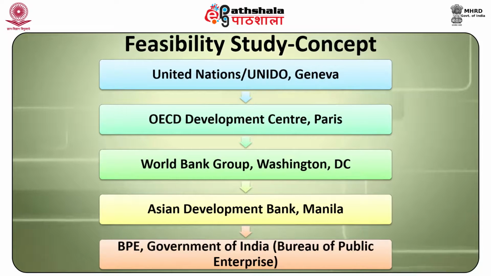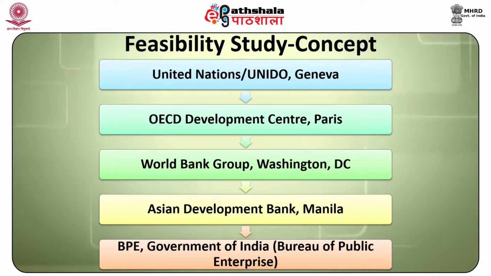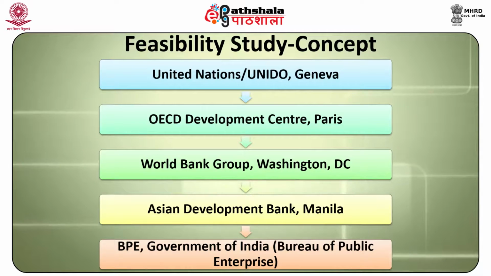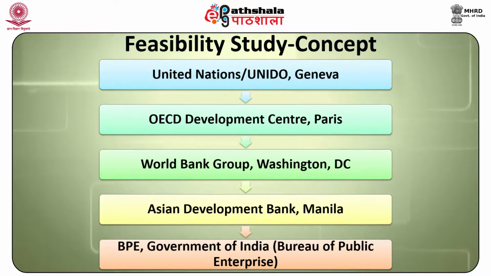The comprehensive guidelines for project feasibility studies and evaluation are published by several institutions like United Nations, UNIDO, Geneva, OECD Development Center, Paris, World Bank Group, Washington, DC, Asian Development Bank, Manila, BPE, Government of India, that is Bureau of Public Enterprises.